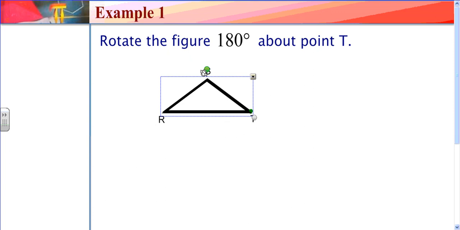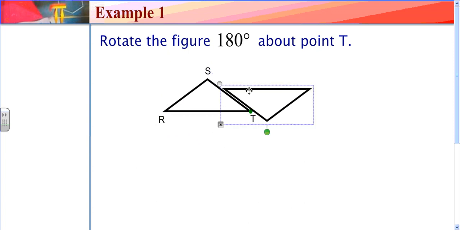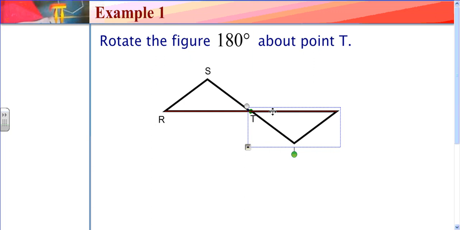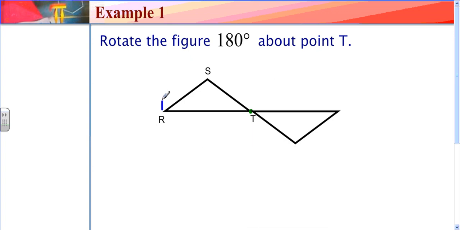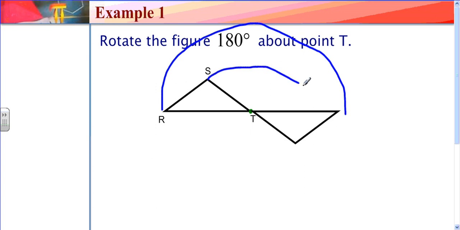And then I'm going to take my figure and do this. What would happen is my figure would turn upside down, but the point that was point T is still going to be connected to point T. So it's as if my figure made a big semicircle. So R swung around and went like this. S swings around and ends up there, right?